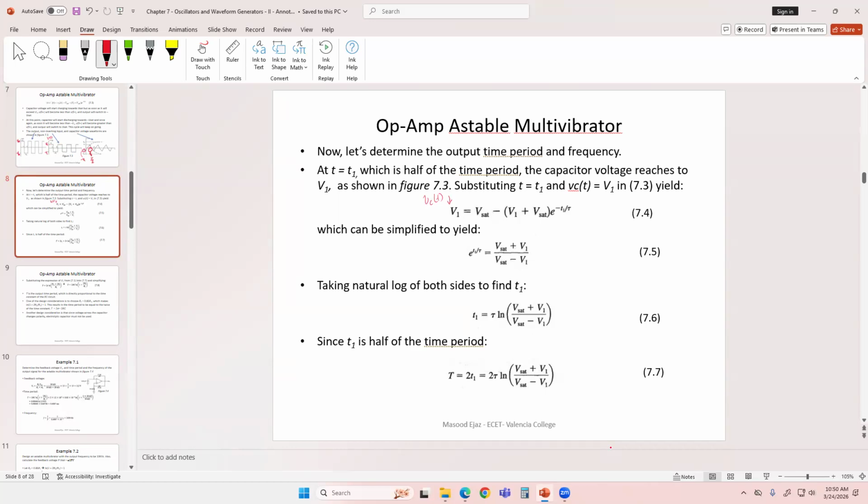So we put down that V1 is equal to VSET minus (V1 plus VSET) e to the power negative T1 over tau. Then we simplified this, and T1 after simplification is tau natural log of (VSET plus V1) over (VSET minus V1). Since T1 is T by 2, the time period is 2 times T1. So the time period of the output waveform is 2 tau natural log of (VSET plus V1) over (VSET minus V1).